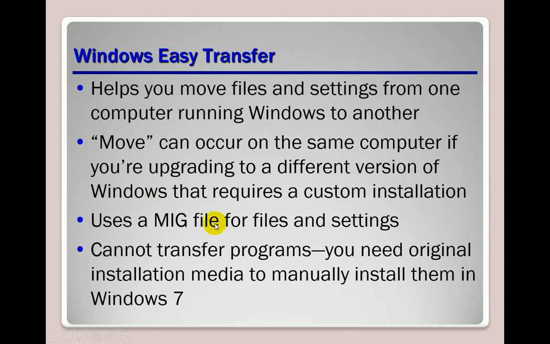And then when you get Windows 7 installed on the new computer, or you've physically moved to a different computer altogether, you can then reverse the process and take the settings back to the Windows 7 computer.